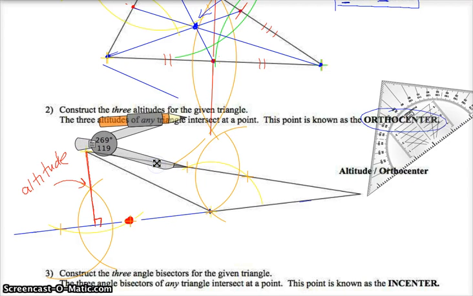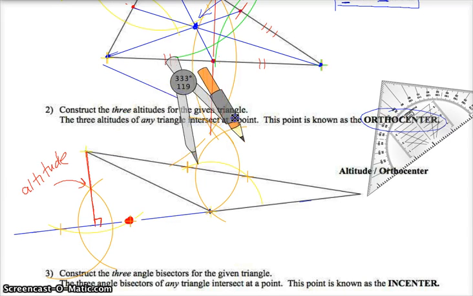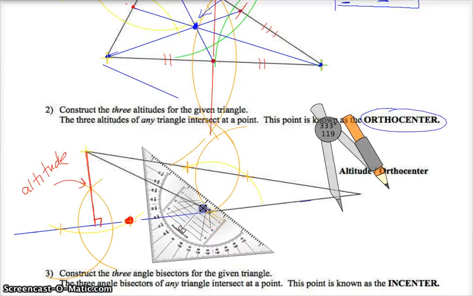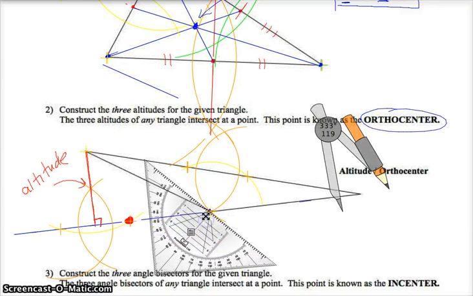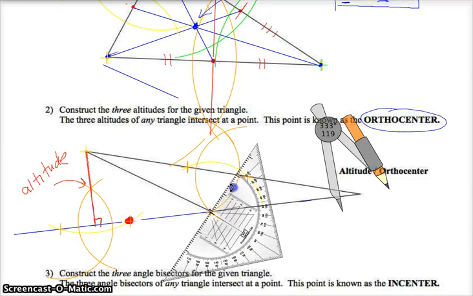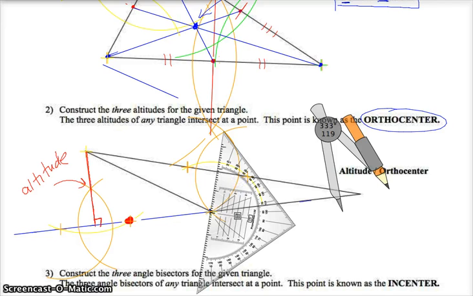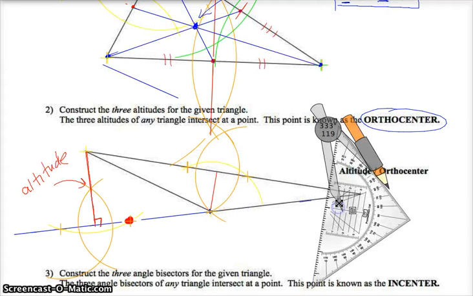See if I can go back and get it at the right spot. There we go. So then I'm going to bring my ruler over and line it up, and I'm going to make my altitude. So an altitude goes from a vertex to the side opposite, intersects at 90 degrees.